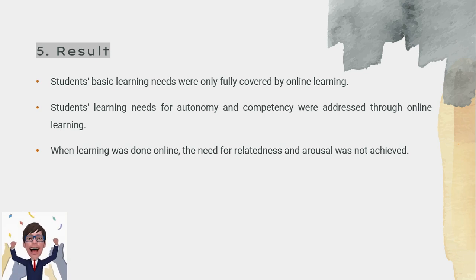And then when learning was done online, the need for relatedness and arousal was not achieved, because there was no social and physical connection with teacher and peers in a real classroom setting.